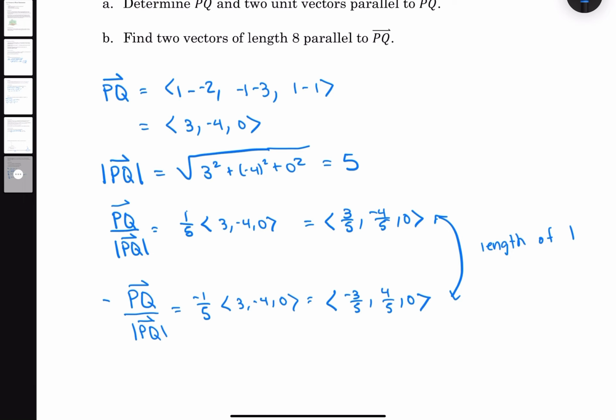We'll just do plus and minus: plus and minus 24 over 5, negative 32 over 5, and 8 times 0 is going to be 0 regardless. So those are two vectors of length 8 that are parallel to PQ.